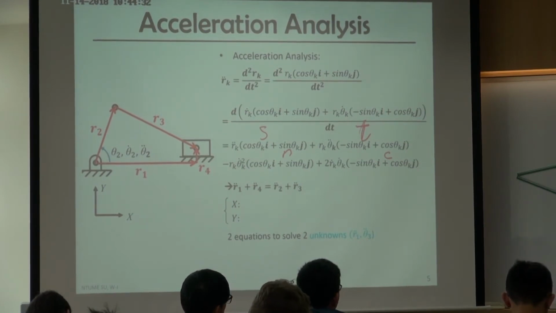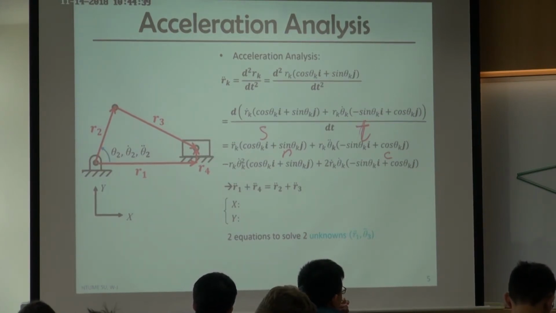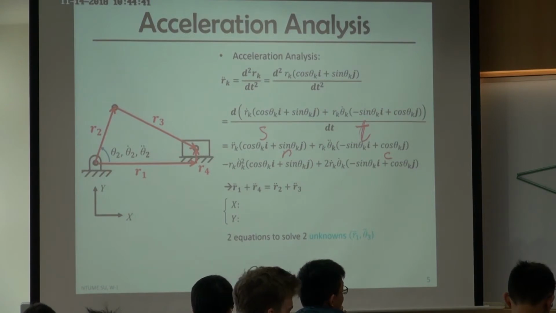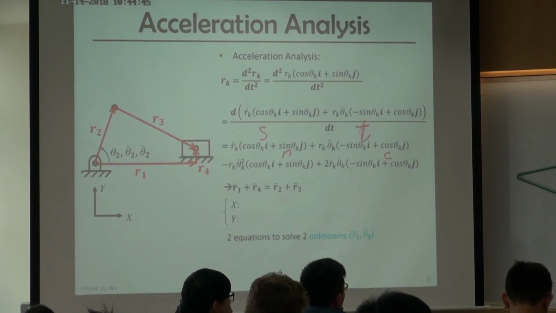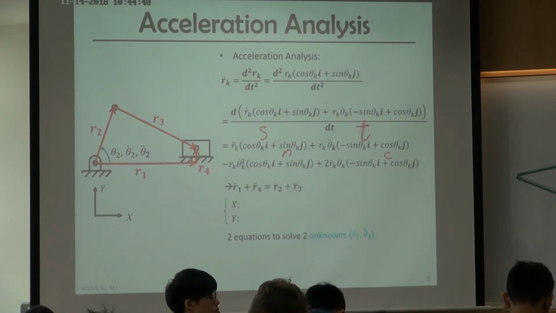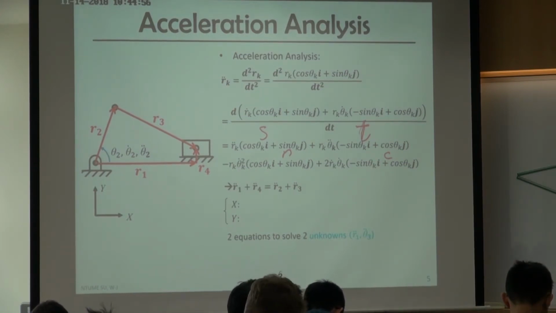We call this analytical because we can write the closed form of the unknowns. But in some cases, it's very hard to derive the exact analytical solutions. Any questions so far? And we'll move to another equation.